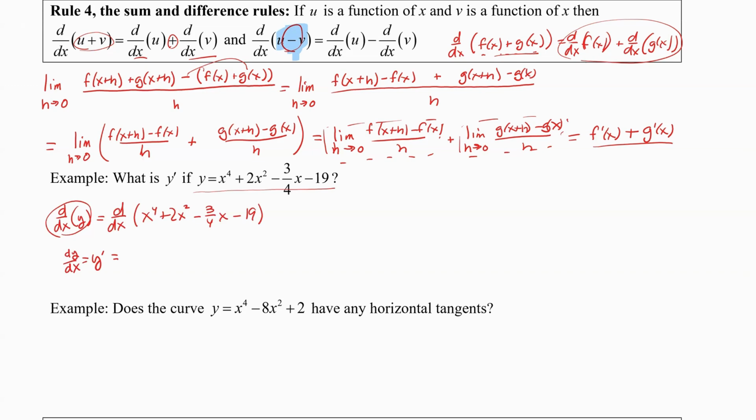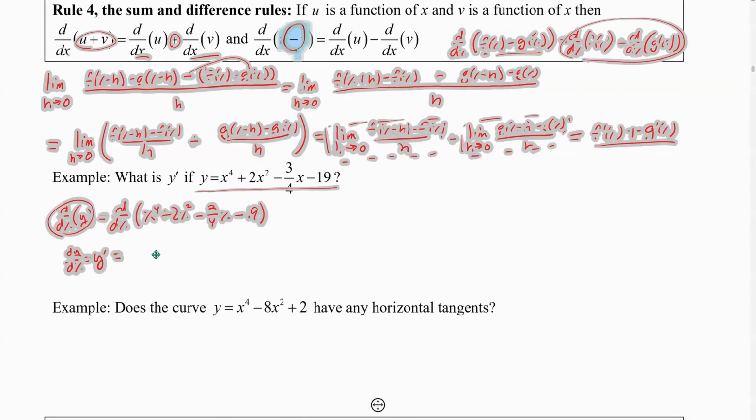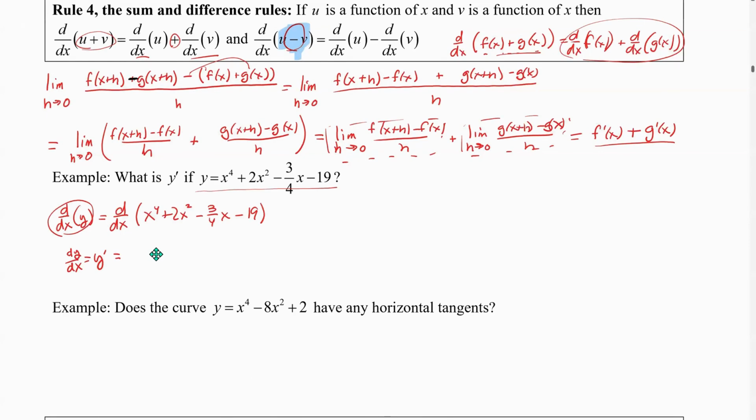Well, if I were to go back through here and change all of these plus signs to minus signs, minus sign here, minus sign here, minus sign there, you can see we end up getting the same rule, with just the idea that we can break it up in subtractions and so on.